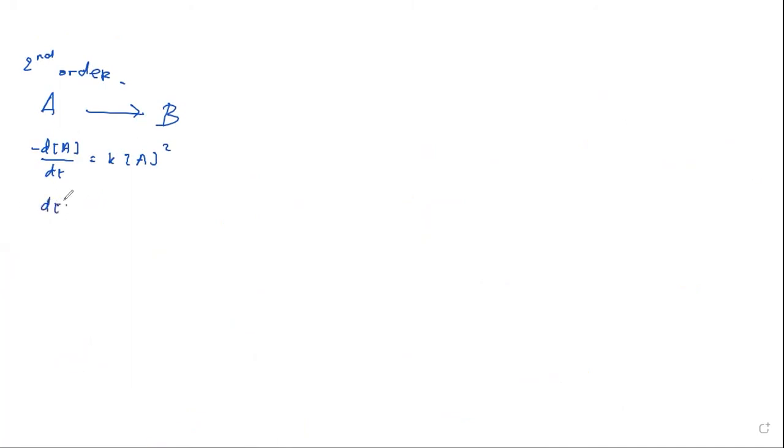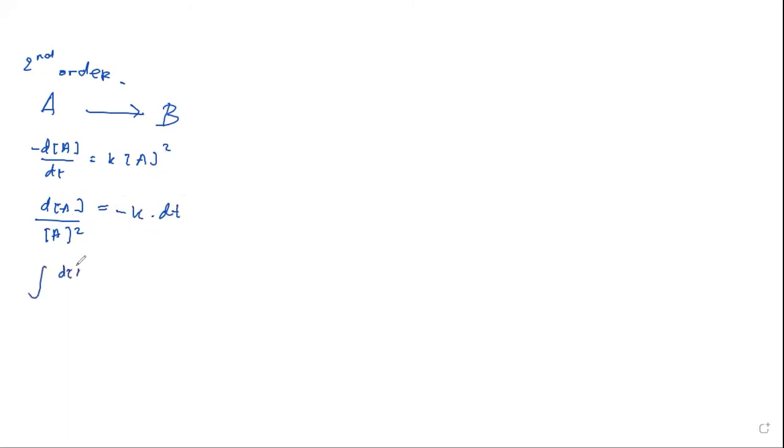Oh, wait, we want to make the graph of concentration with time first. So we should compare A with A: dA over A square equals, moving the negative sign here, minus k times dt.